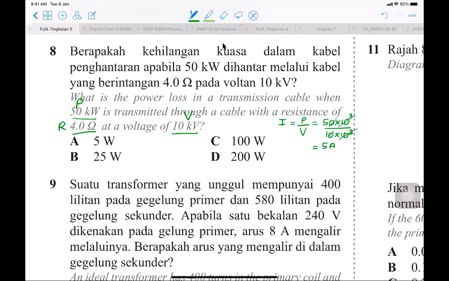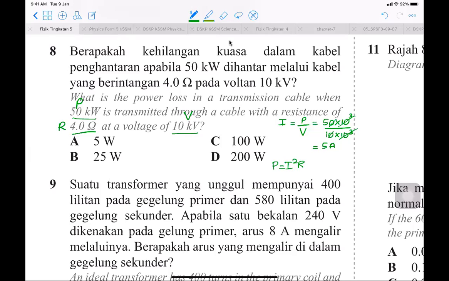Next, to calculate dia punya power loss, we use this formula. P equals to I square R. Coba kira dulu berapa dia punya jawapan sana. P equals to I square R. 100.